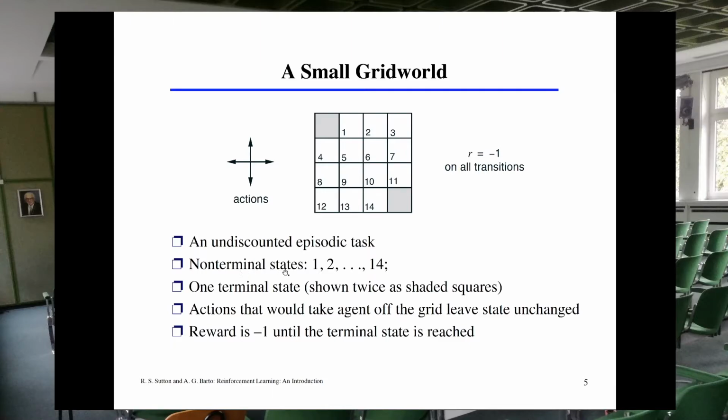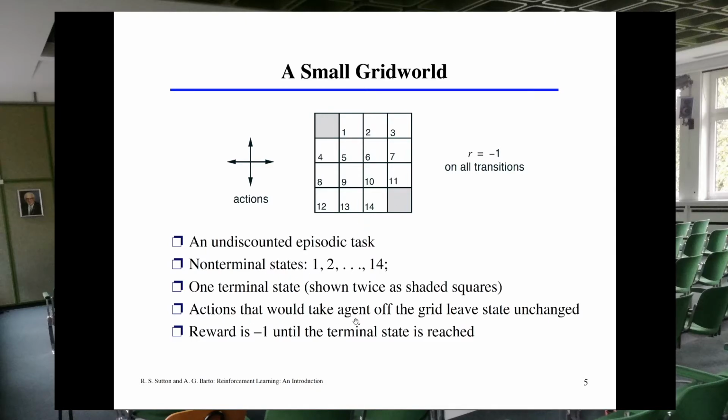The non-terminal states are 1, 2, up to 14. The terminal states are the gray squares, and in this example it is considered to be only one terminal state, but it is in 2 positions. So the point is that once you have reached the terminal state, you finish your episode.